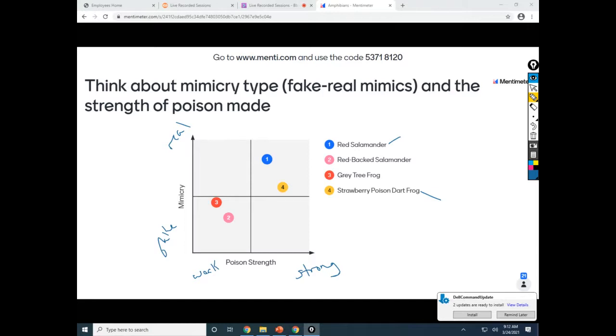Poison from other poisonous organisms around. Exactly correct. So our strawberry poison dart frog is accumulating poisons from other organisms.